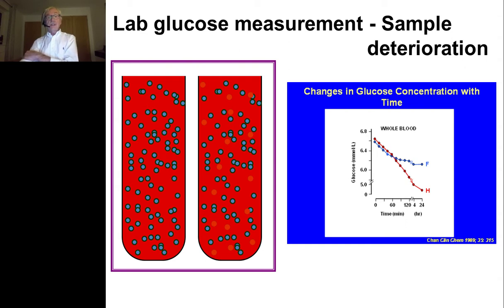You can see here in this slide that even with fluoride oxalate in the sample, over the course of the first 1 to 1.5 hours following collection, glucose concentrations are lost from the sample at about the same rate as if no glucose blocker was actually used.